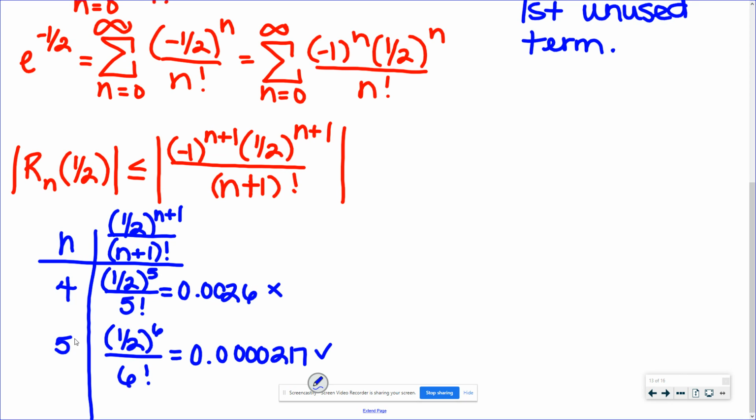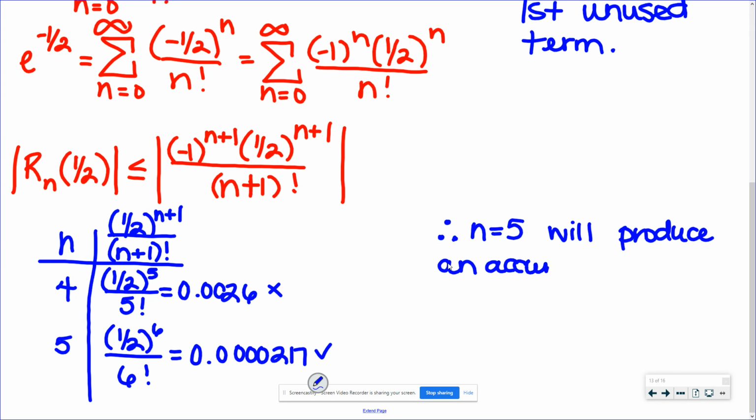So this gives us an n value of 5 needed to produce an accurate solution. Okay, so n equals 5 will produce an accurate solution to 4 decimal places.